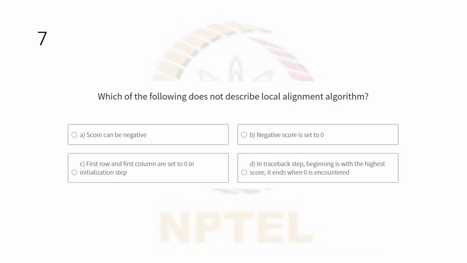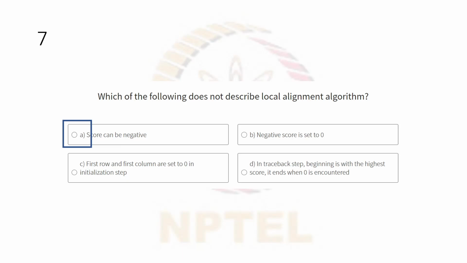So the next question is, which one of the following does not describe a local alignment algorithm? If I change to a similar question, which one of the following does not describe the global alignment algorithm?